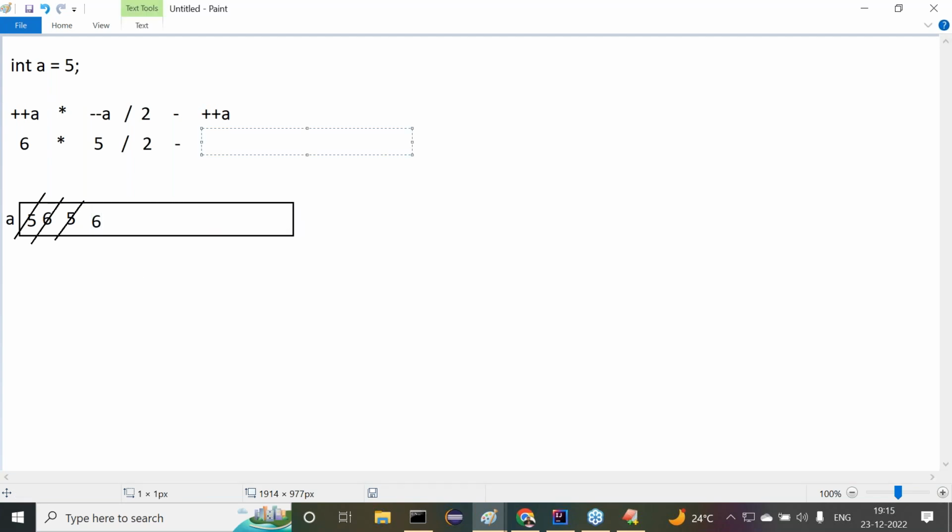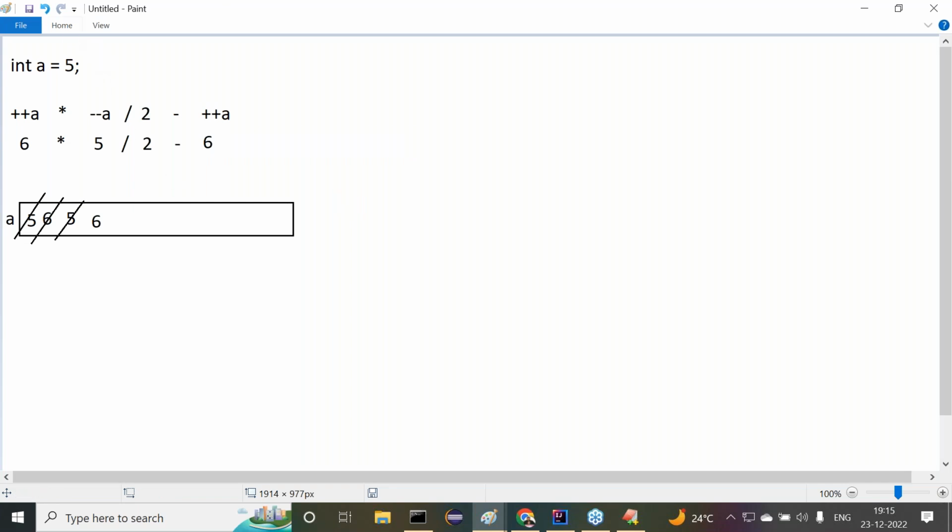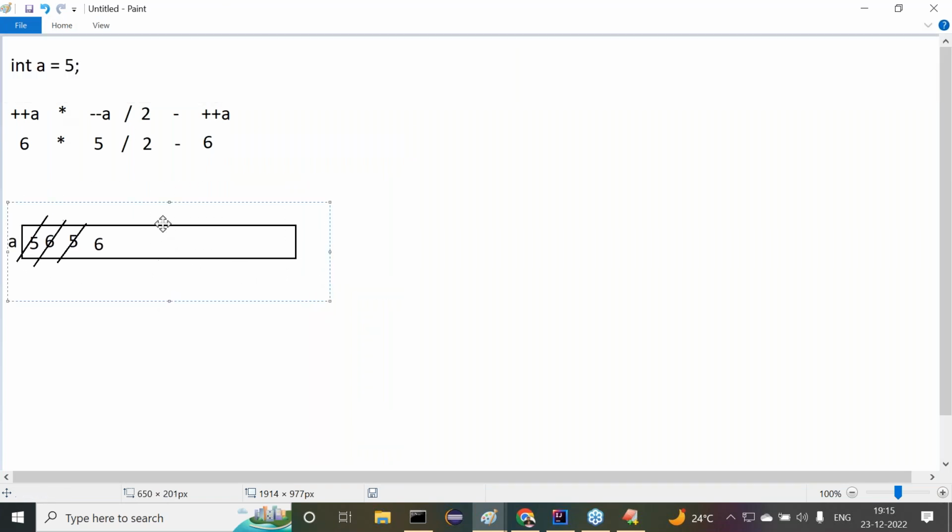Alright, so now we are getting the value 6. Now observe carefully what comes next after completion of this. Now here star, slash and minus operators are available. If we compare them, star and slash have more priority than minus. So star and slash we have to perform.